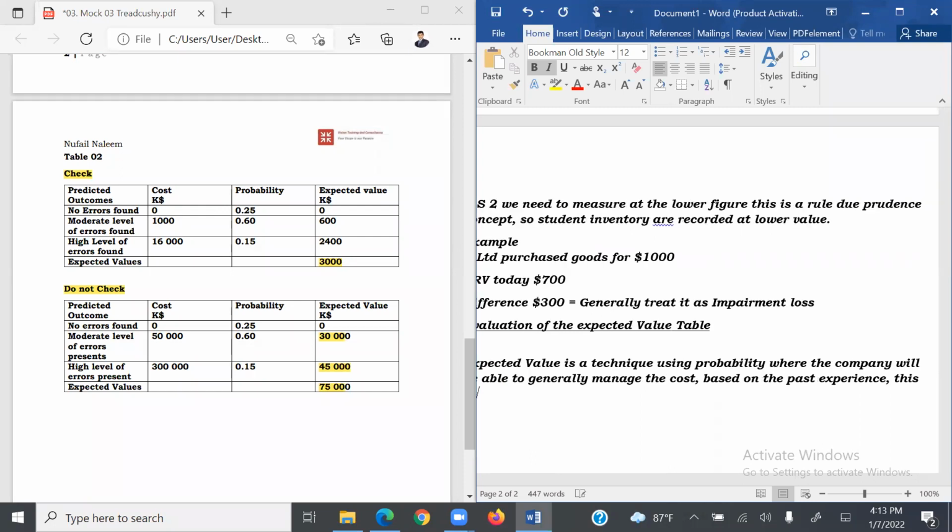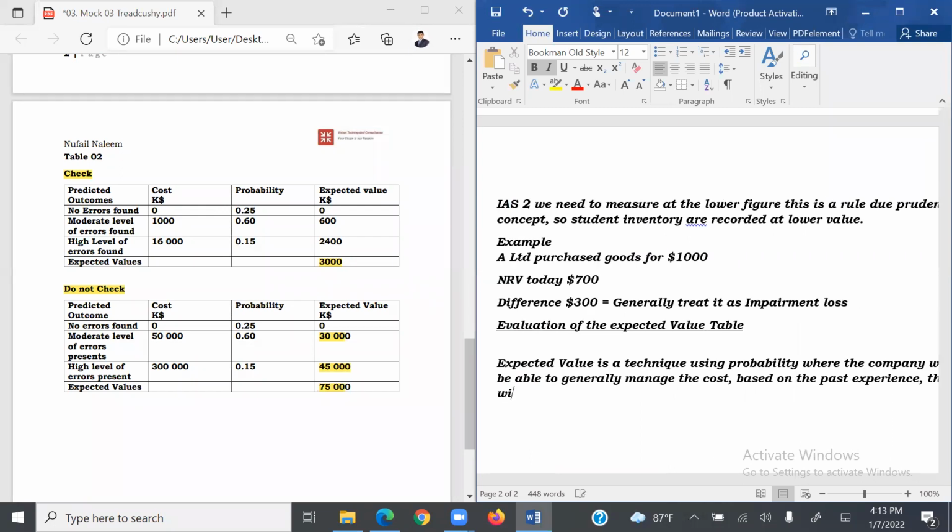This will be presented as a quantified amount.